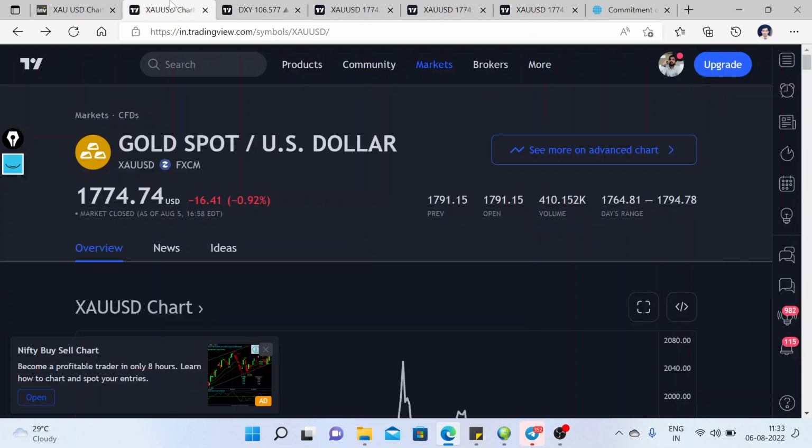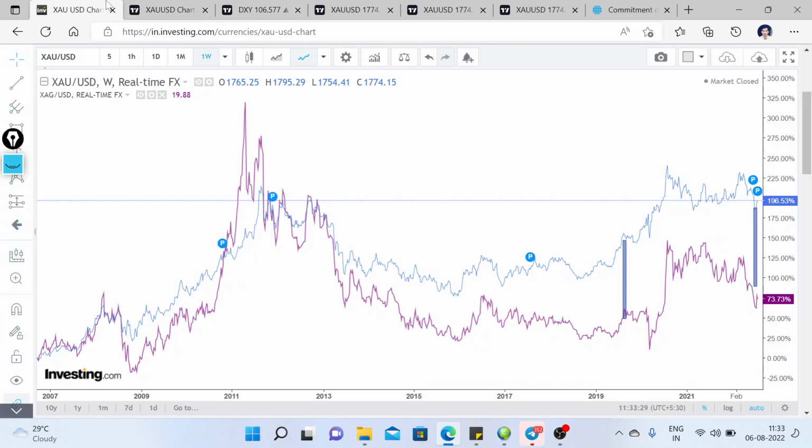Another chart that we have is for silver traders. You can see a large divergence between gold and silver, like the same divergence we saw previously. So one has to come closer to the other to decrease this divergence.